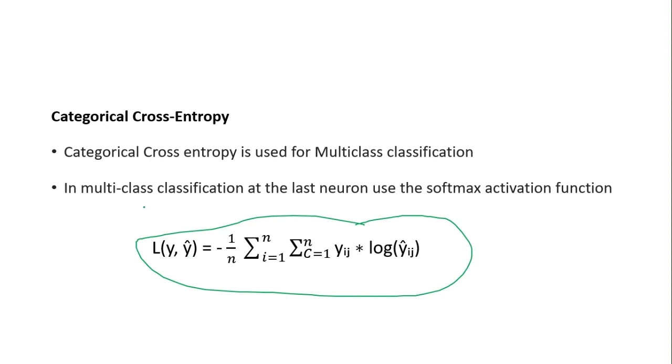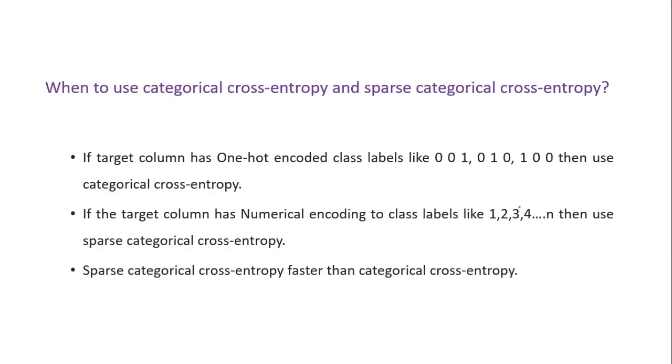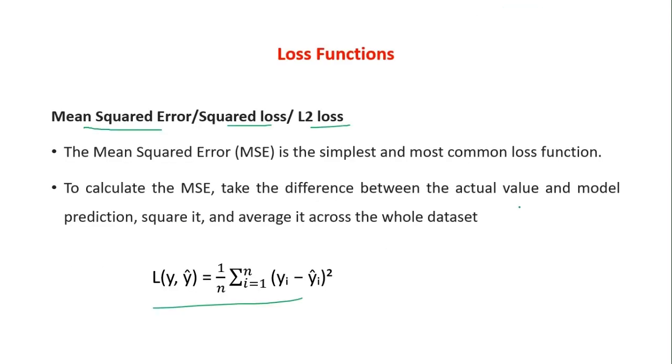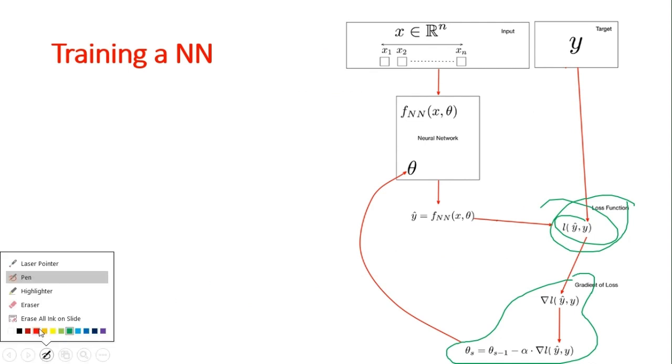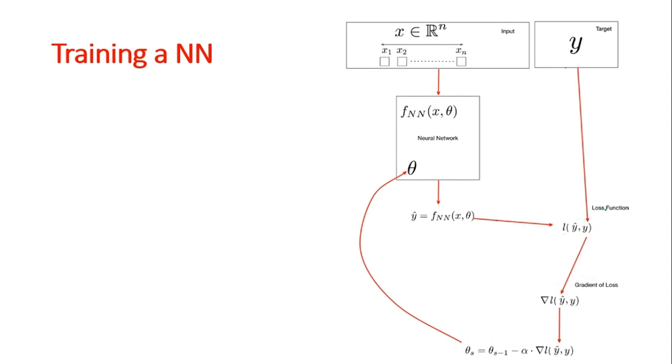In multi-class classification, for the last neuron we will be using the softmax activation function. So these are the different loss functions available in neural networks. Now, where does this loss function come in? As we have discussed, the loss function finds the error between the estimated value and the actual value.